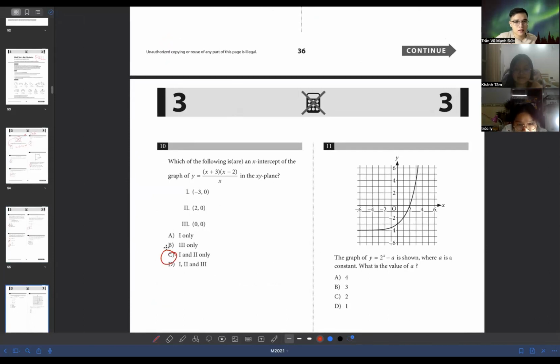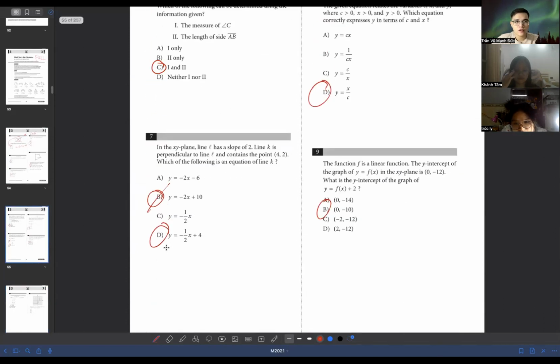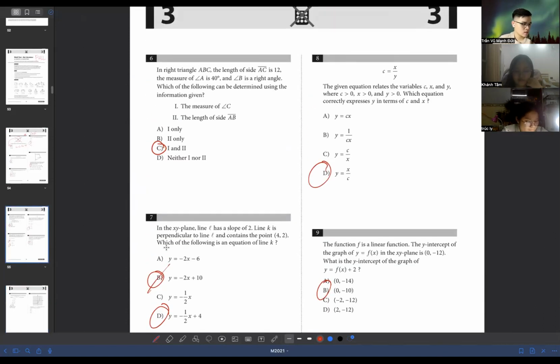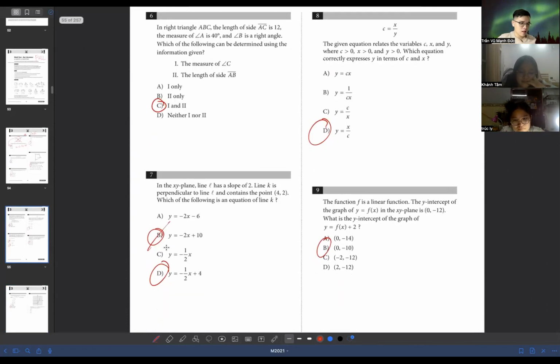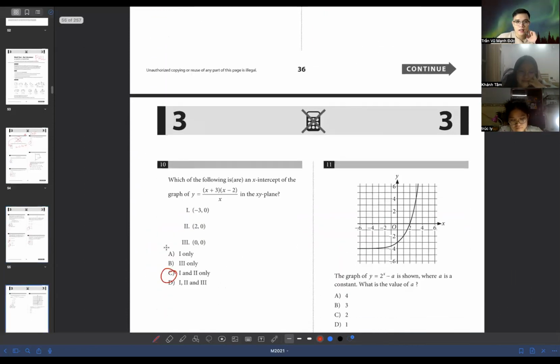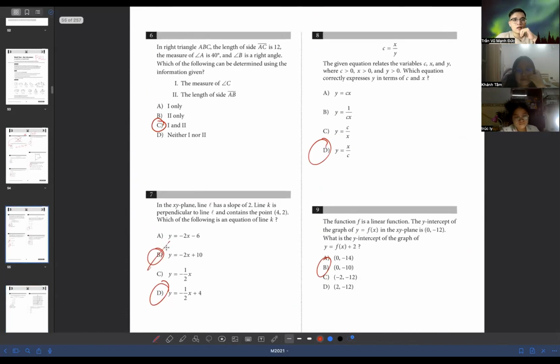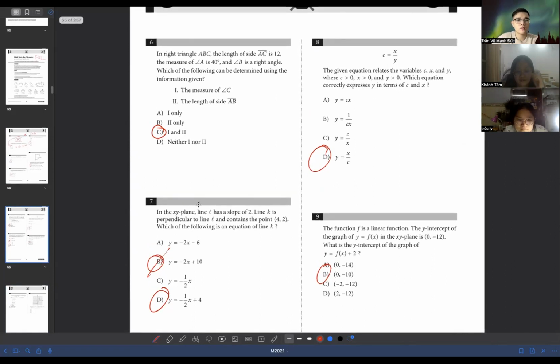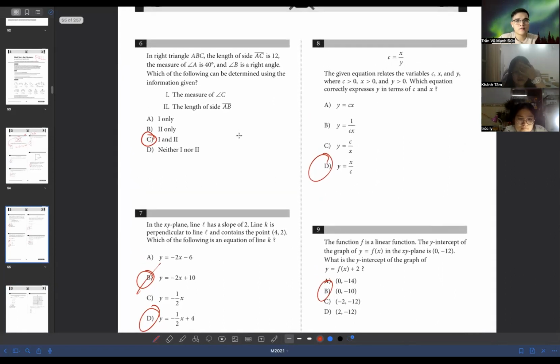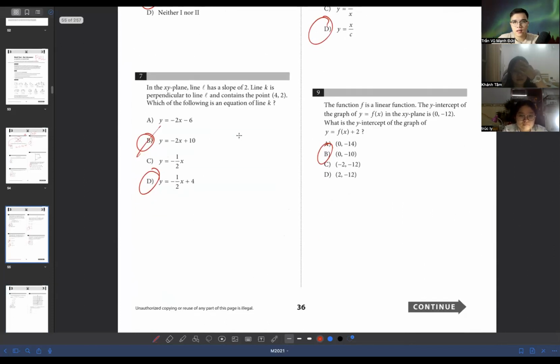Okay, 10C. All right, let's check. 6C, 7D, 8D, 9B, 10C. Right, very good. Okay, so this is fairly simple, so I don't find that there's anything tricky here.